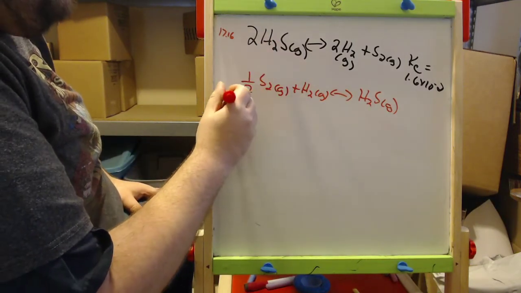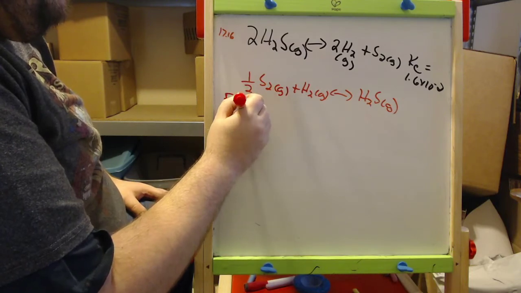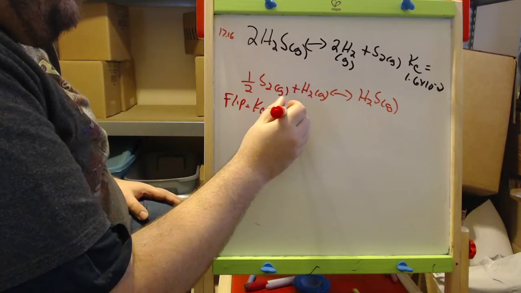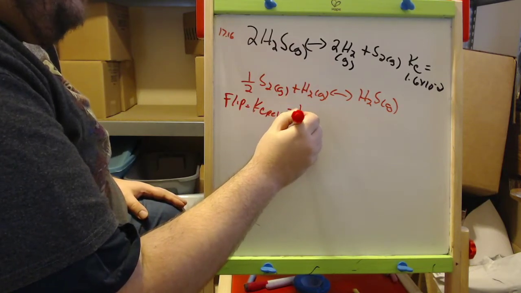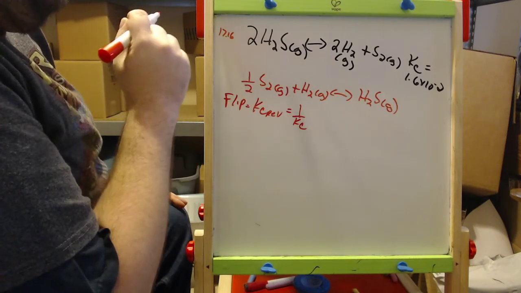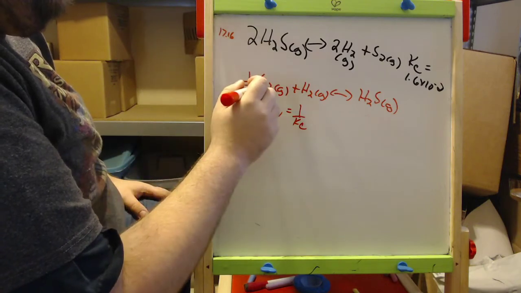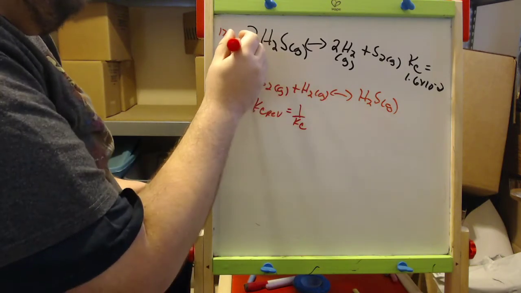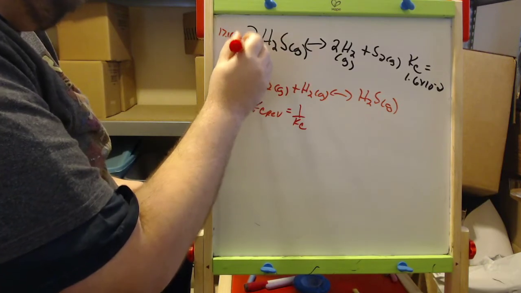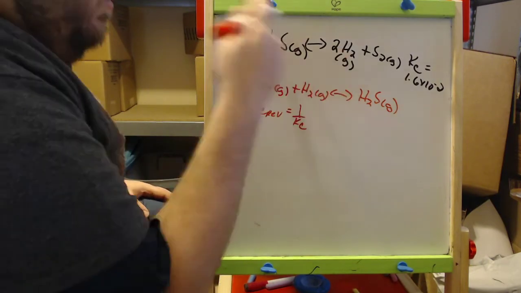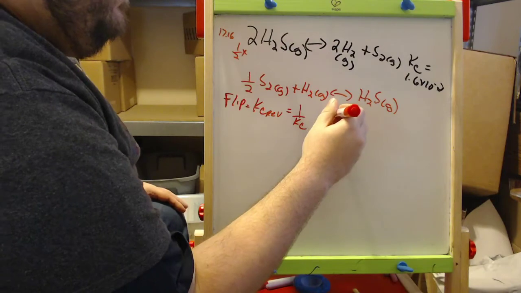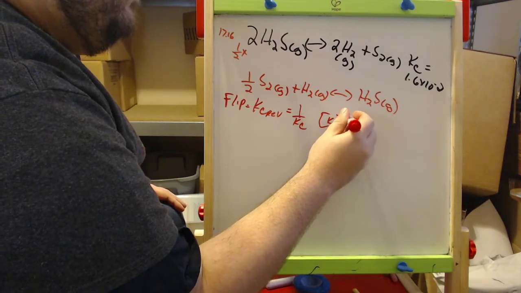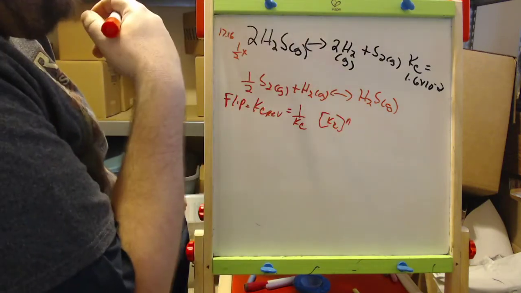First thing we notice, it's flipped. So that's going to be Kc reverse, or 1 over the Kc value. We also notice that we have multiplied everything by 1/2. We've multiplied this equation up here by 1/2. So that means we have a Kc to the n situation where 1/2 is our power.